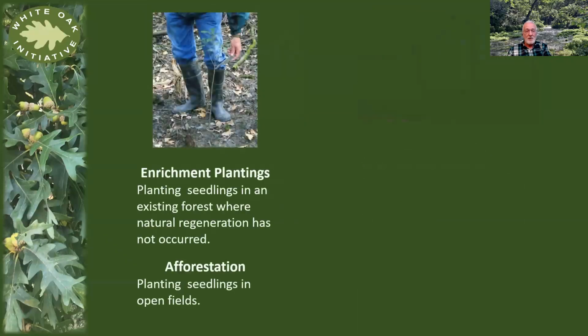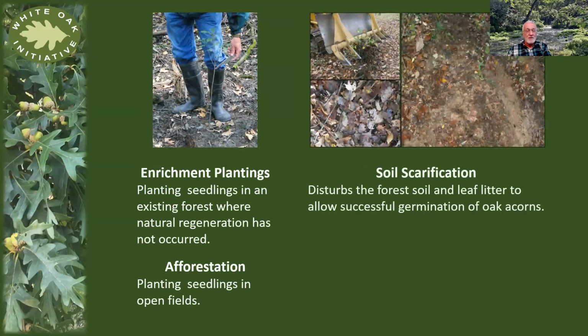We can also look, if we have to, at enrichment plantings, planting seedlings in an existing forest where natural regeneration hasn't occurred, or afforestation, planting seedlings in abandoned open fields. Something that's done more in our eastern states, but it's gaining some popularity over here.